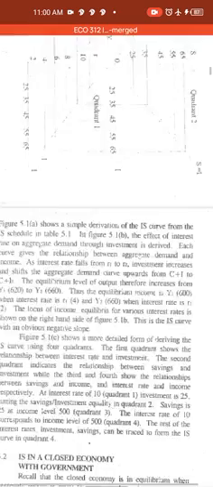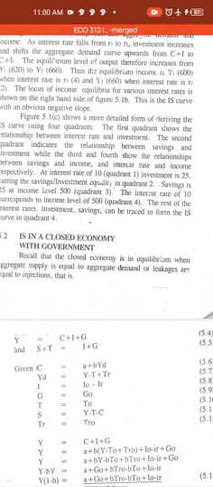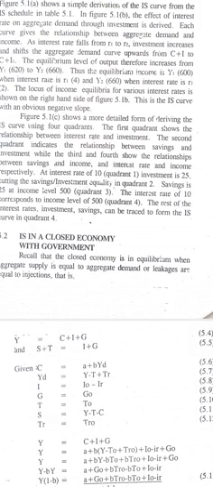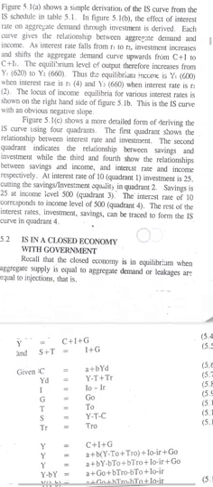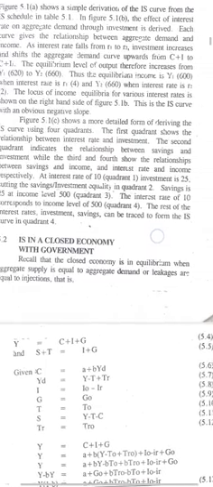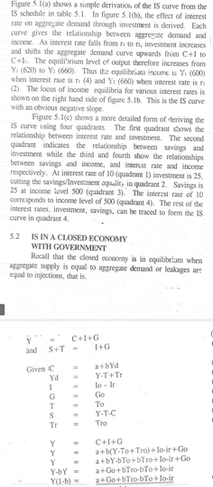So now, listen carefully. At an interest rate of 10 in quadrant one, investment is 25. Look at it.